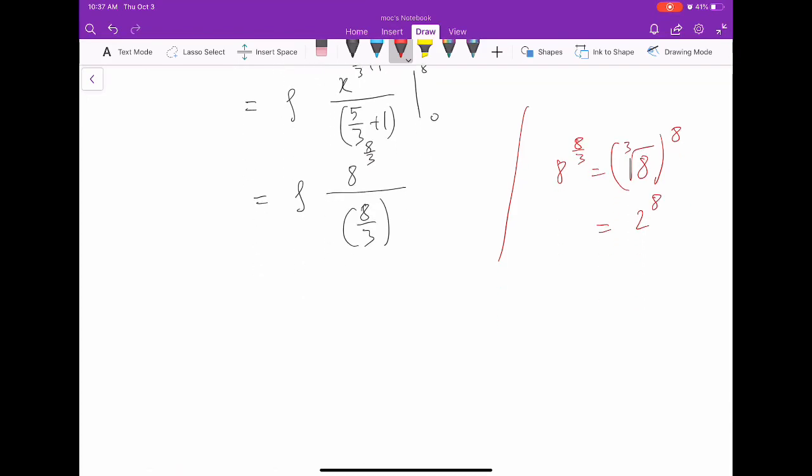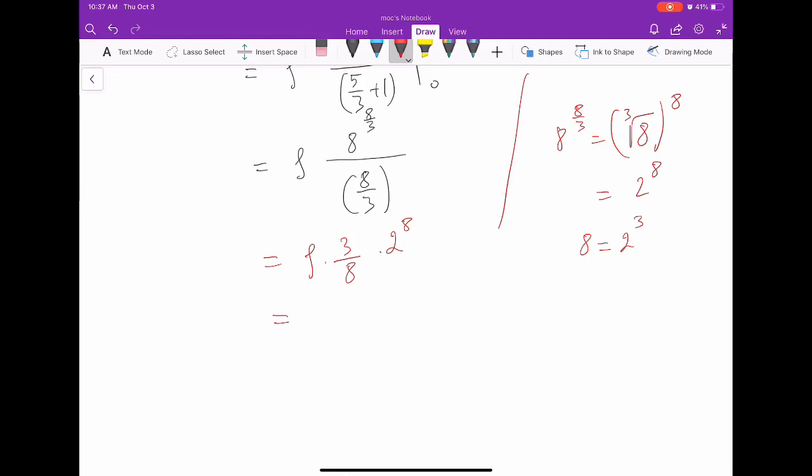So basically this is rho times 3 over 8 times 2 to the 8. Basically that is 2 to the 5th. 2 to the 5th is 32 times 3, that is 96. So we have 96 rho. And this is my.